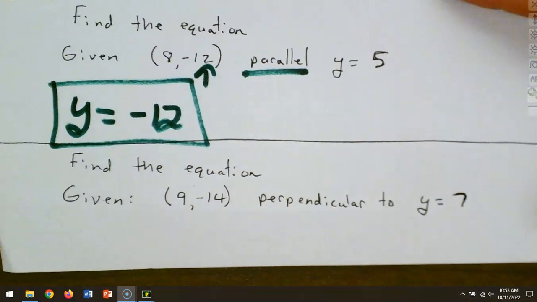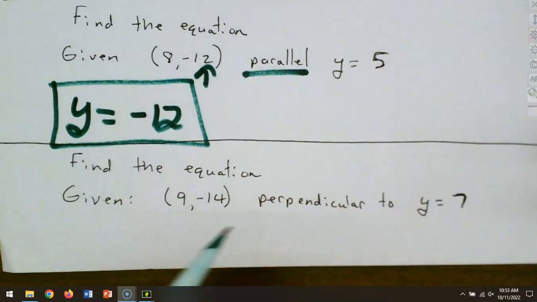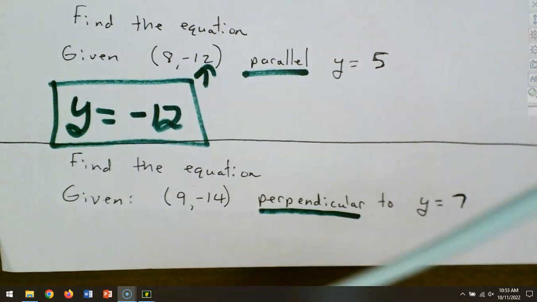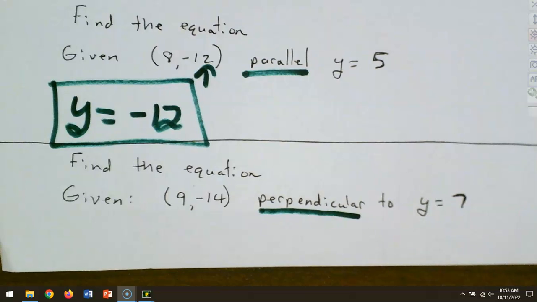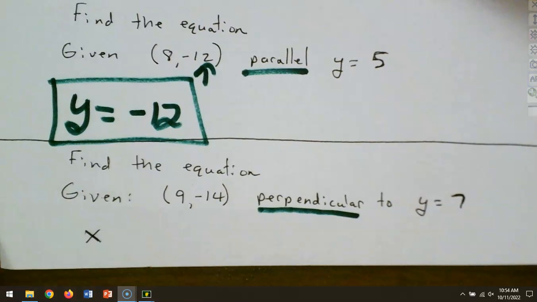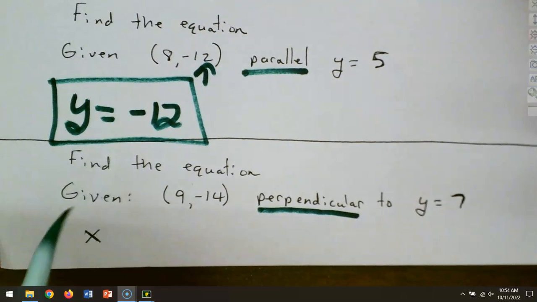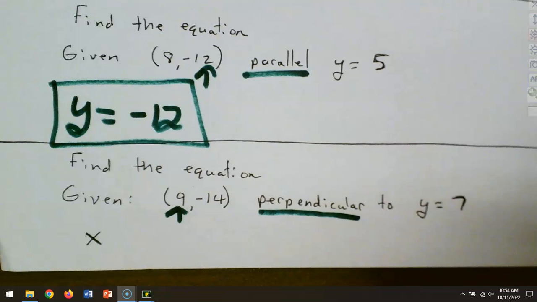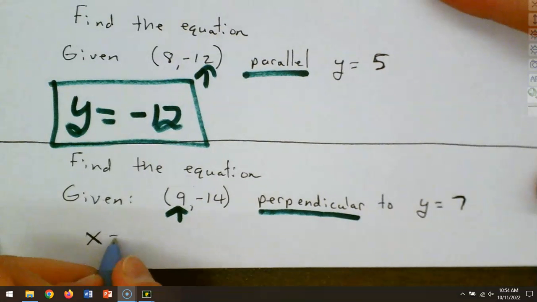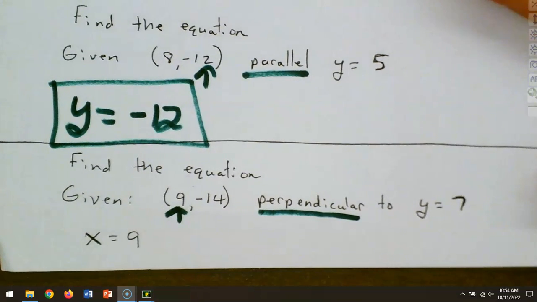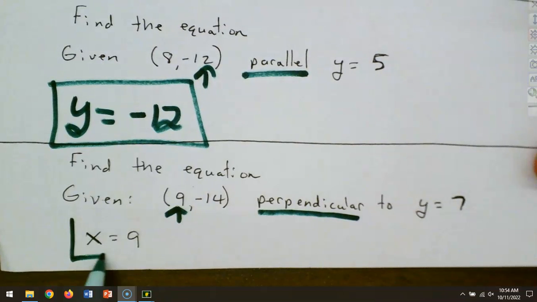Parallel means they're the same. Perpendicular means they're the opposite, basically. Negative reciprocal means the opposite. So if it's a y line, what's the opposite of a y line? An x line. And what would the x component be? 9. So your answer would simply be x equals 9. And that's all you need to do here.